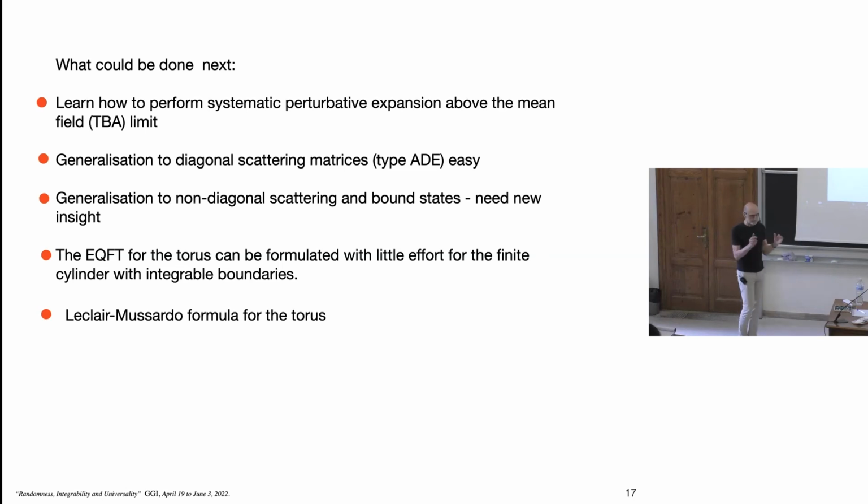That is, the infinite volume form factors will be attached to loops which can go through the temporal, but also through the space cycle. And well, this is all. Thank you.